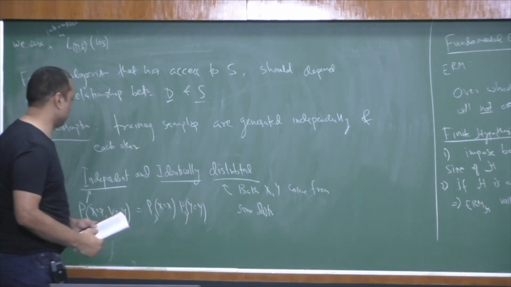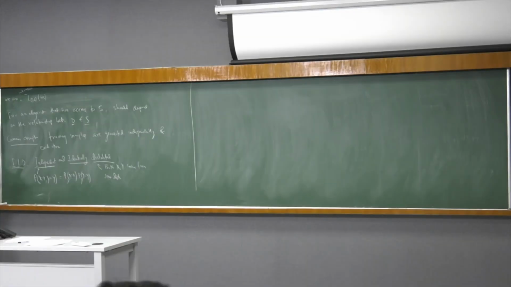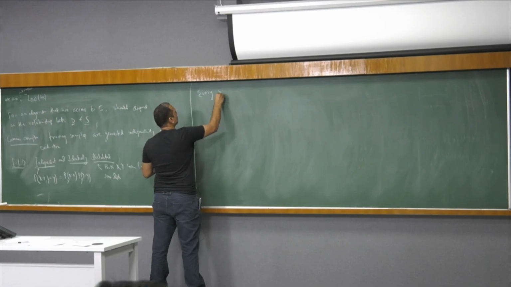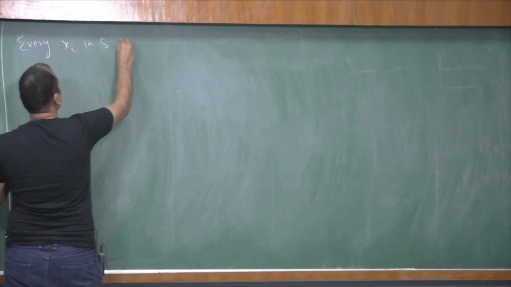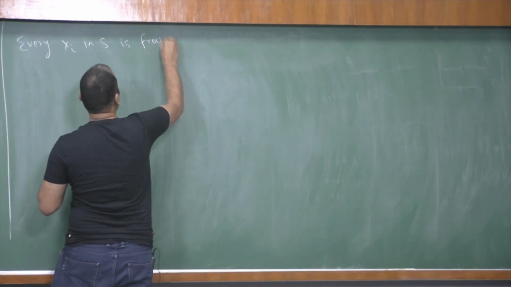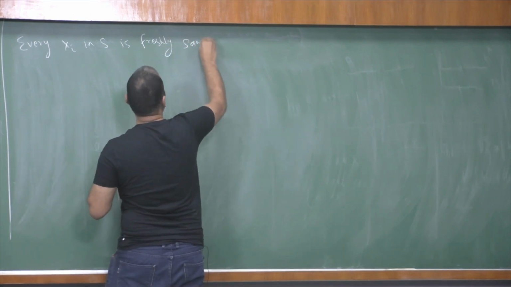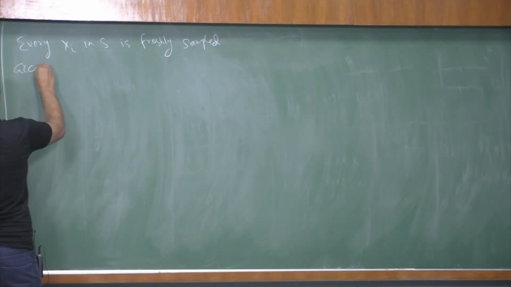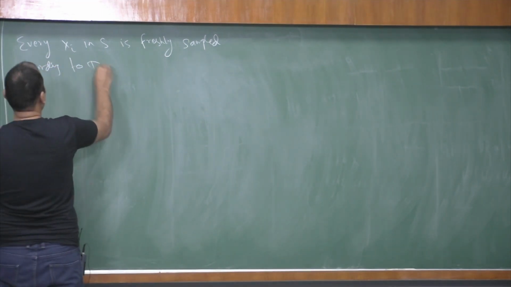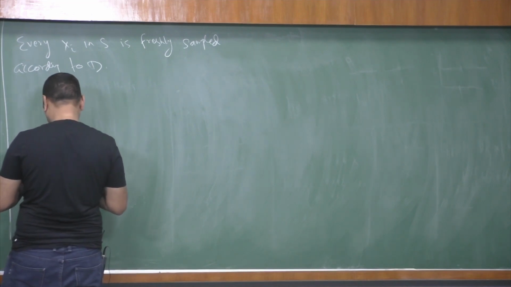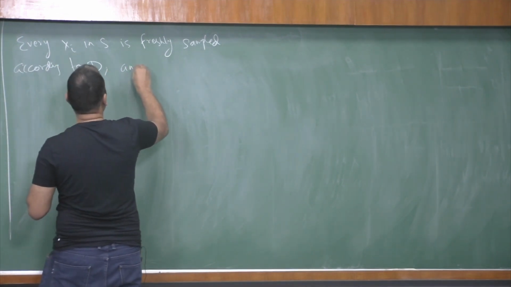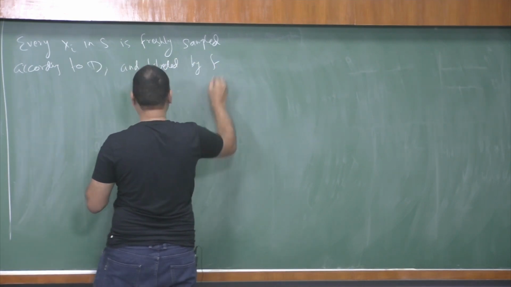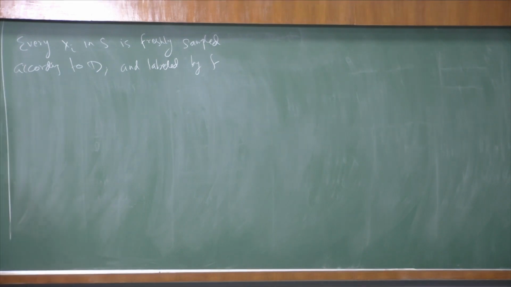They are samples, but the samples are different. All this means that every x_i in S is freshly sampled according to the distribution D and labeled by f, the labeling function.